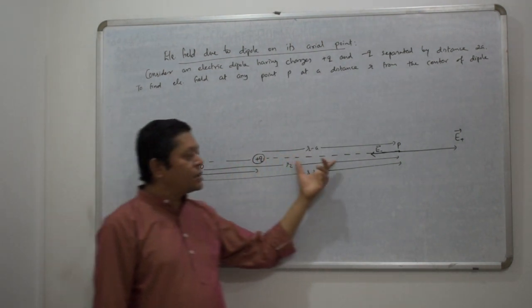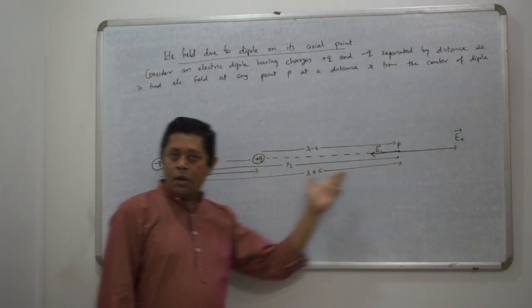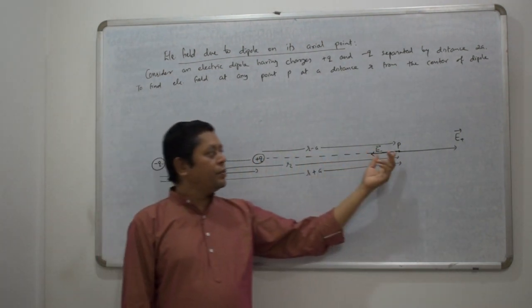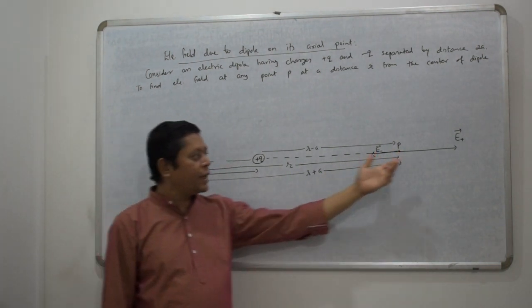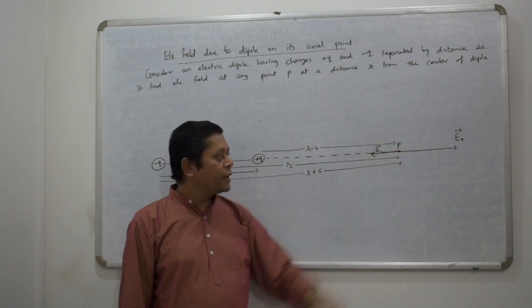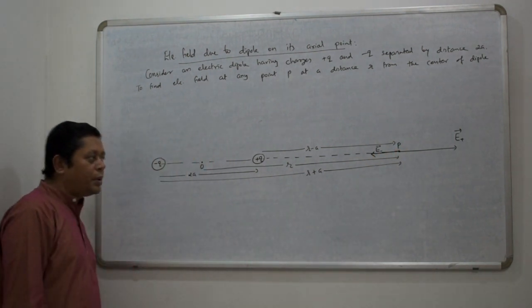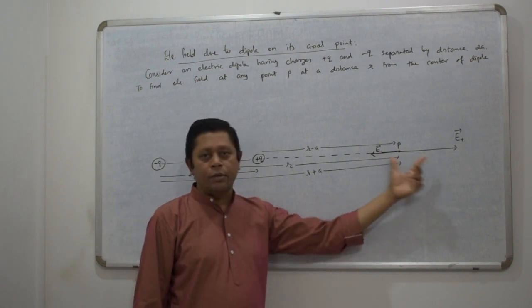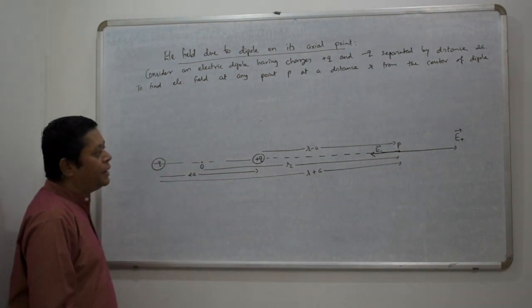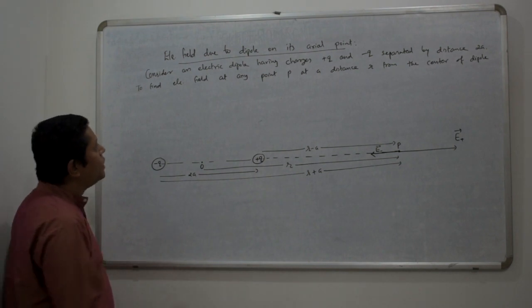The lesser the distance, the more the strength of the field. That's why the positive charge's field strength is more and the negative charge's is less. So to find the resultant electric field at point P, you can take the vector sum of these two. Let us first find the electric field due to both these charges.